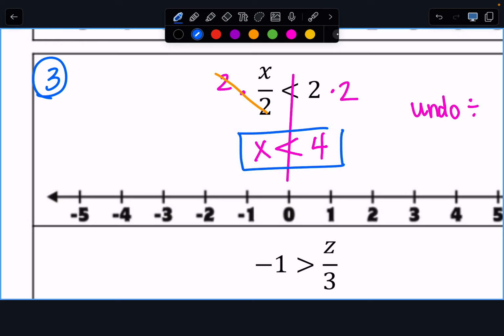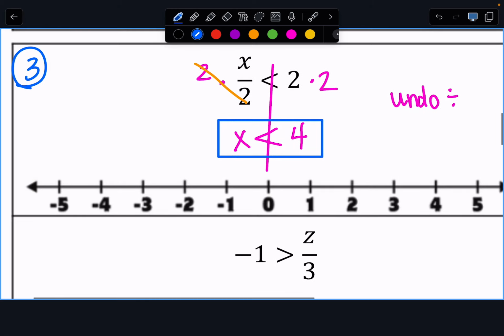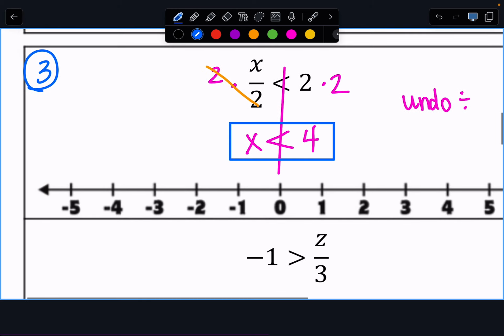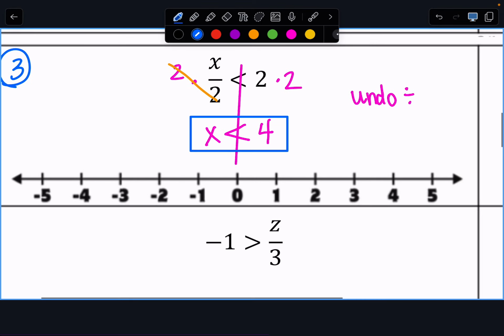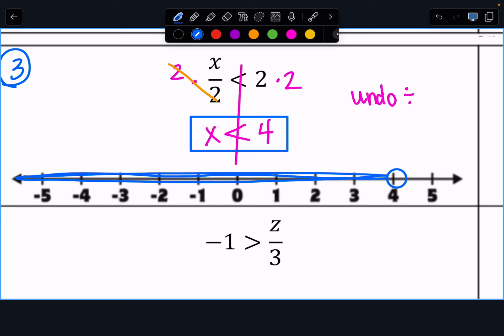Do you agree with x is less than 4? Is that the answer? It is. So I am going to put an open or a closed circle? Open. Now this time x is less than 4, so I want numbers that are smaller. Like that, right?